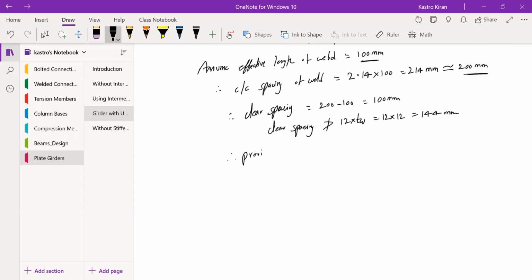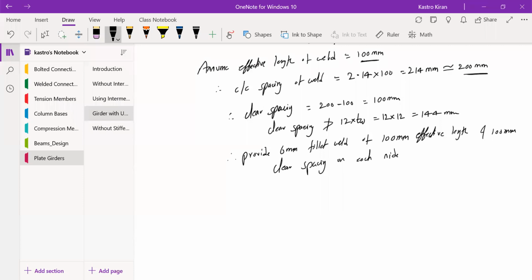Therefore, provide 6 mm fillet weld of 100 mm effective length and 100 mm clear spacing on each side of the stiffener.